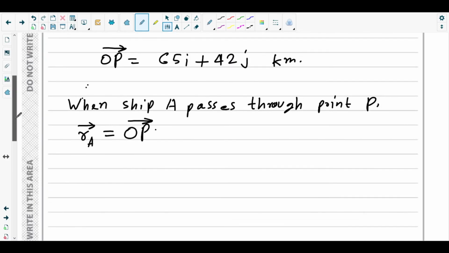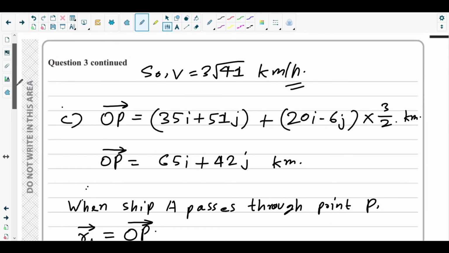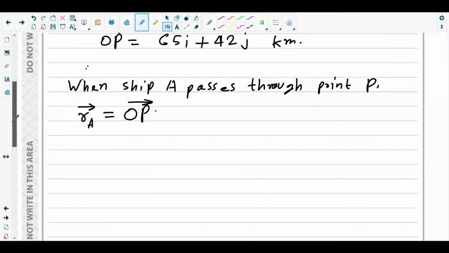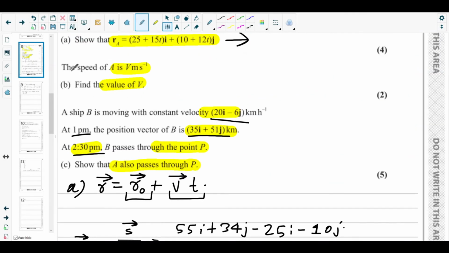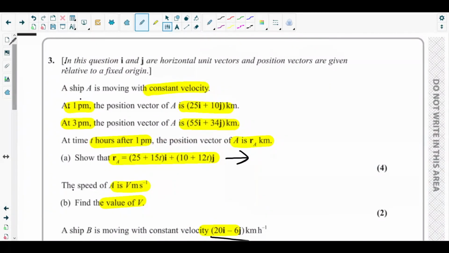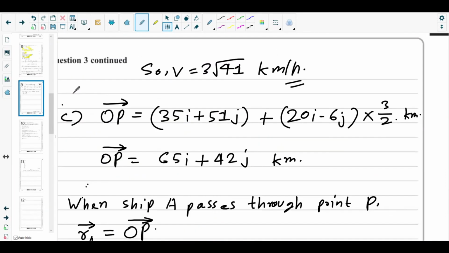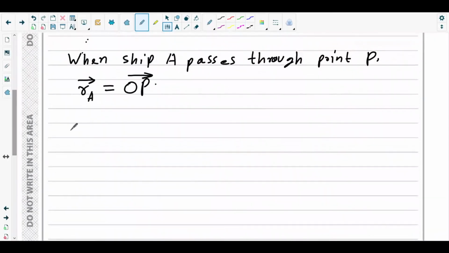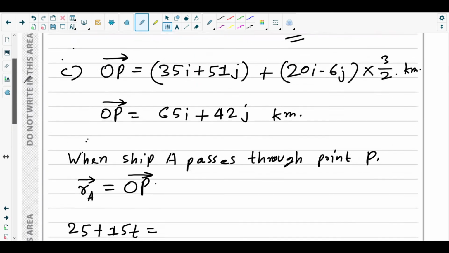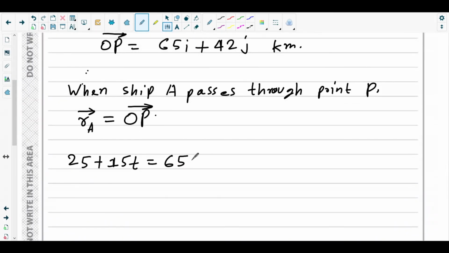So we equate the i components. What's the i component of ship A? This is 25 plus 15t. This is equal to the i component of point P, which is 65. So you will get 15t equal to 65 minus 25. This is just 40.